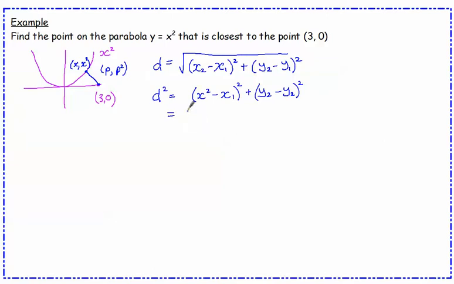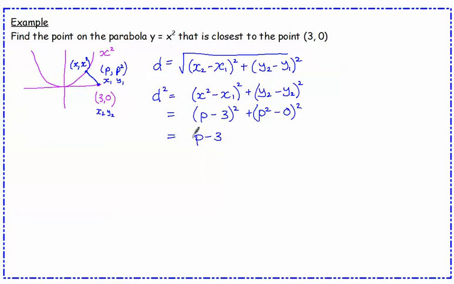So we're going to substitute in. Which way around should we do it? Let's have this as our x1, y1, and this is our x2, y2. It doesn't really make any difference. So we end up with p minus 3 squared plus p squared minus 0 squared.